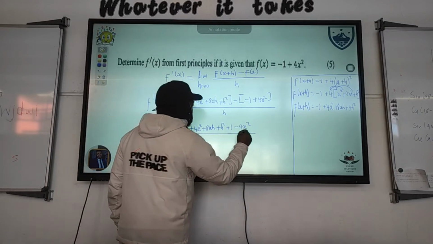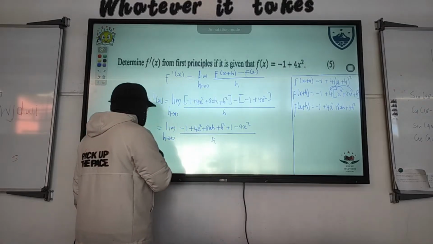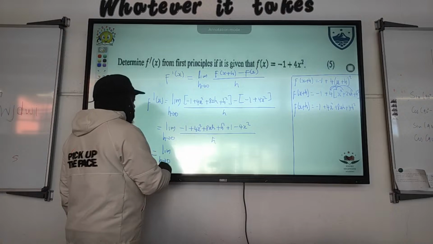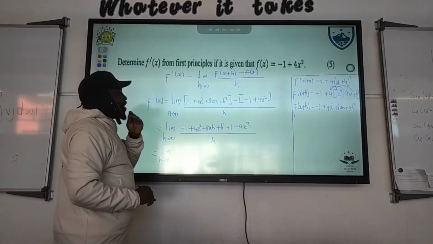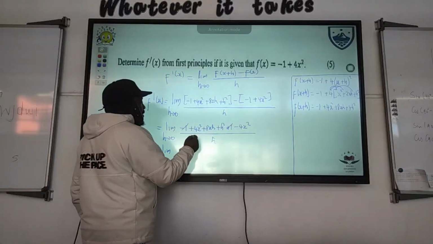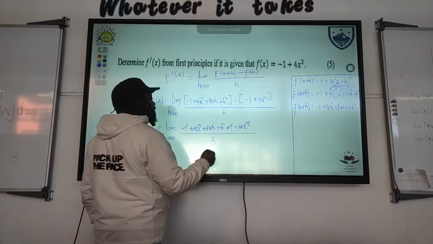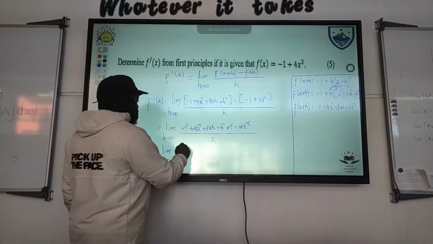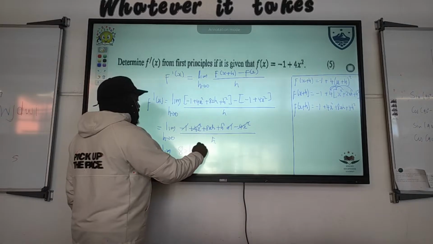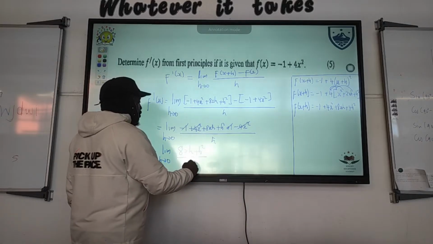And everything over h, and then the limit when h goes to 0. We have simplified now, don't rush it. This will subtract that, 4x squared will cancel 4x squared, and I'm just left with 8xh plus h squared all over h.